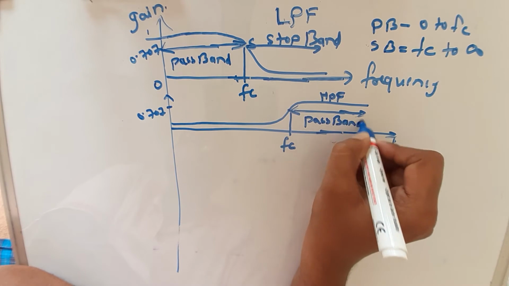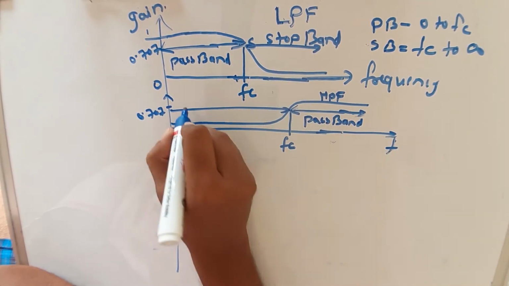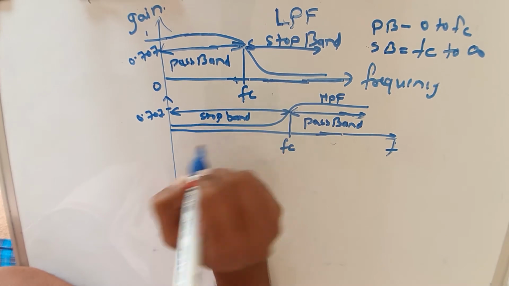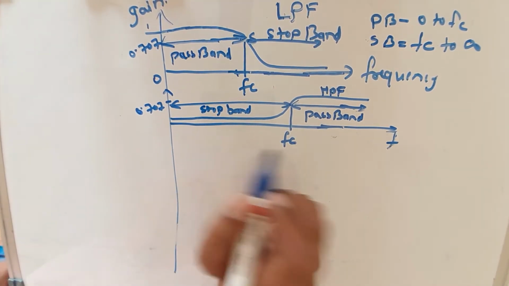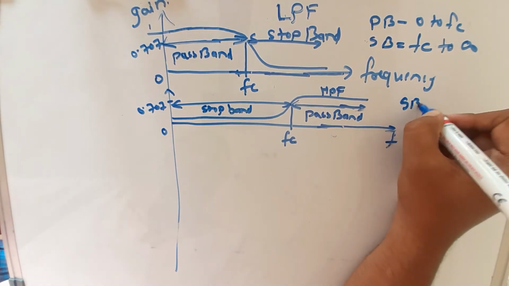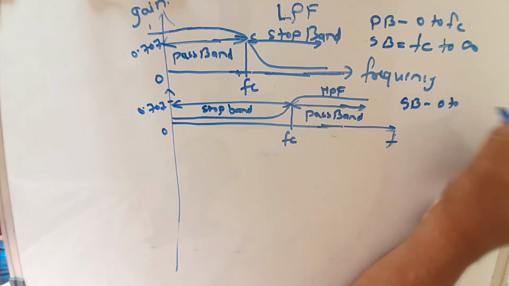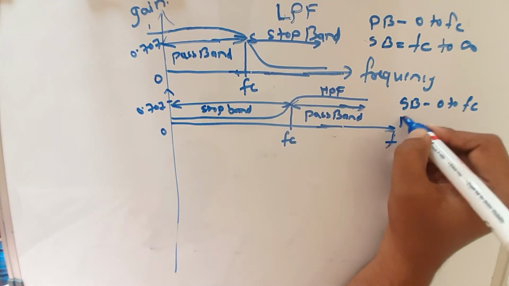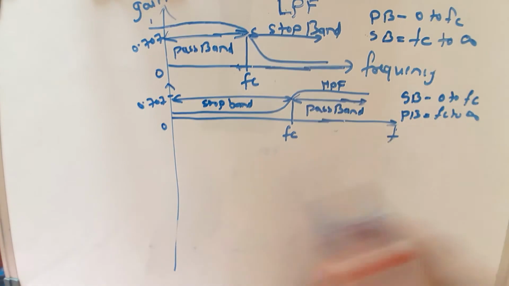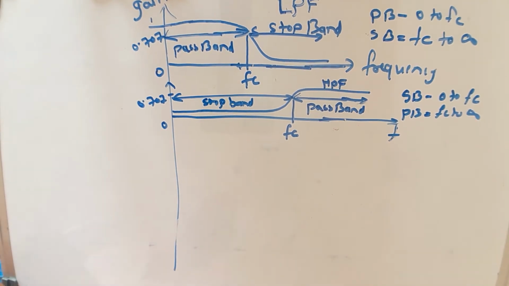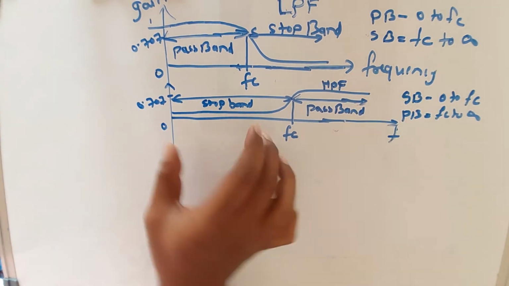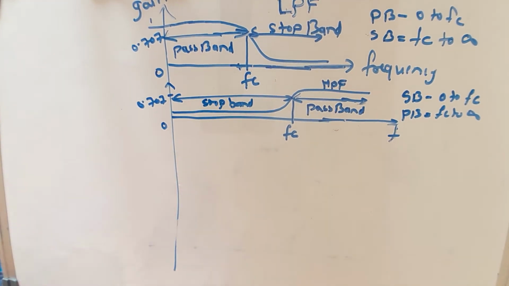So this is the pass band and this is the stop band. Here the stop band is from 0 to Fc, and the reverse, the pass band is from Fc to infinity. So a high pass filter has maximum gain at higher frequency and ideally gain 0 at lower frequency.